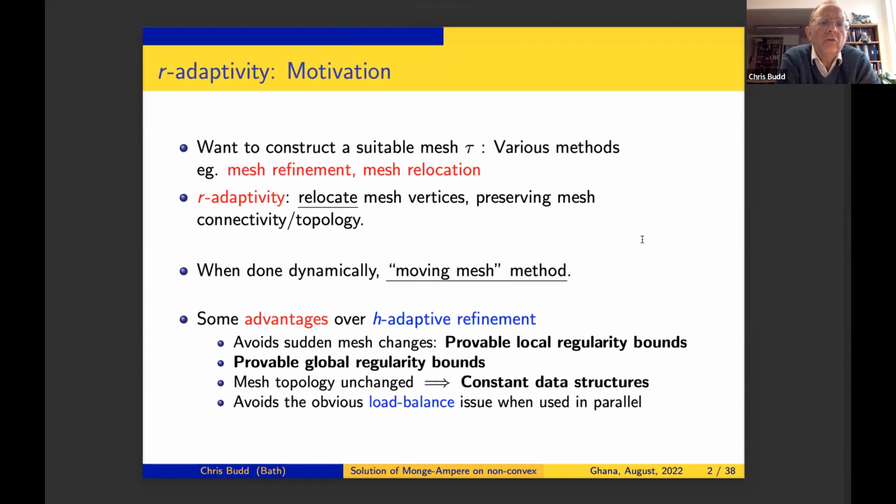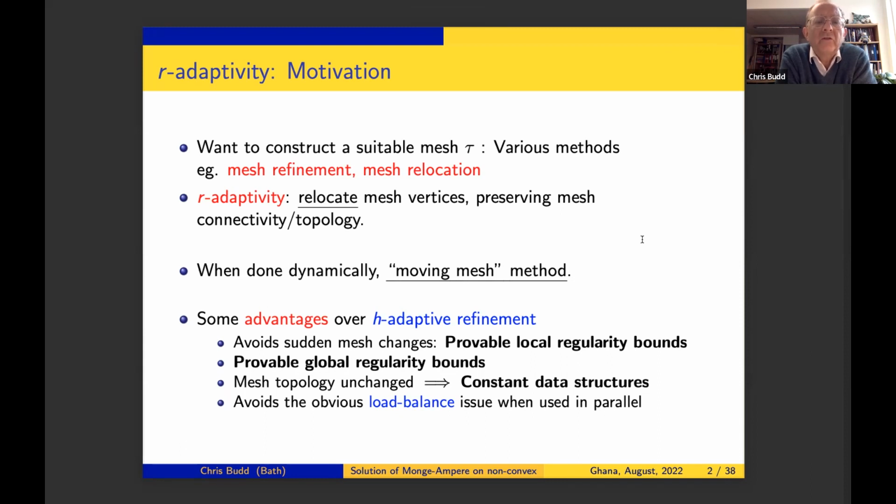If you have a finite element method, then you need to construct a mesh to do that, and I'll call the mesh T. As the solution of the PDE evolves, or as we understand more about the errors that we're making when we solve the PDE with the finite element method, we generally want to update the mesh as part of the solution process.